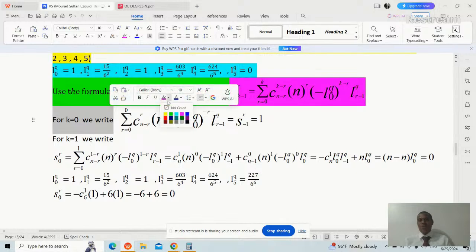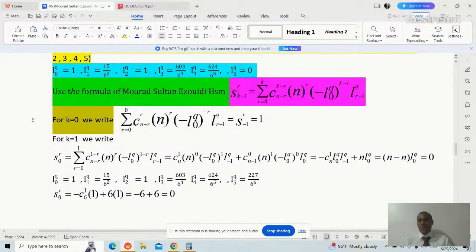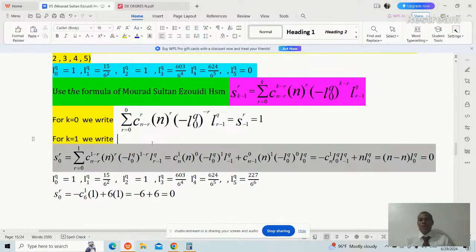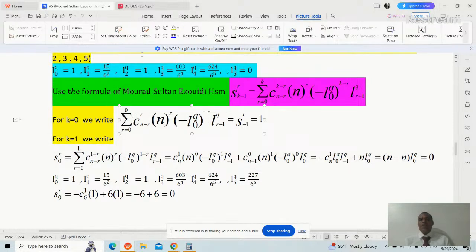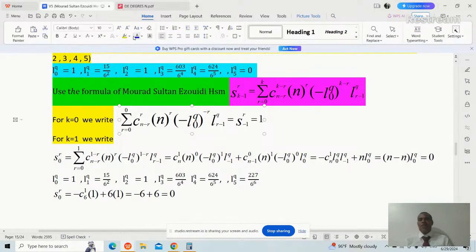We'll get the value of S minus 1, which is equal always to 1 by convention. This formula had been derived from the discriminant formula of Mourad Sultan Ezouidi.